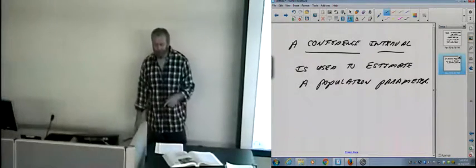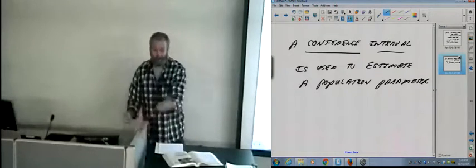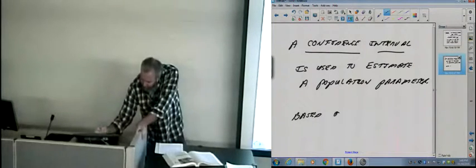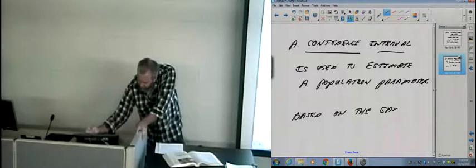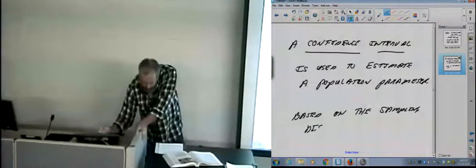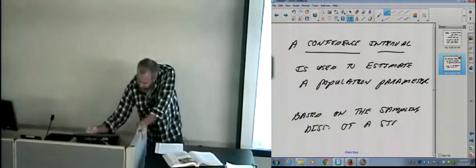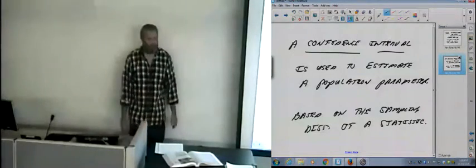Now, all of this, confidence intervals and your test of significance in chapter 17, is based on the sampling distribution of a statistic, whatever chapter that was, 15.